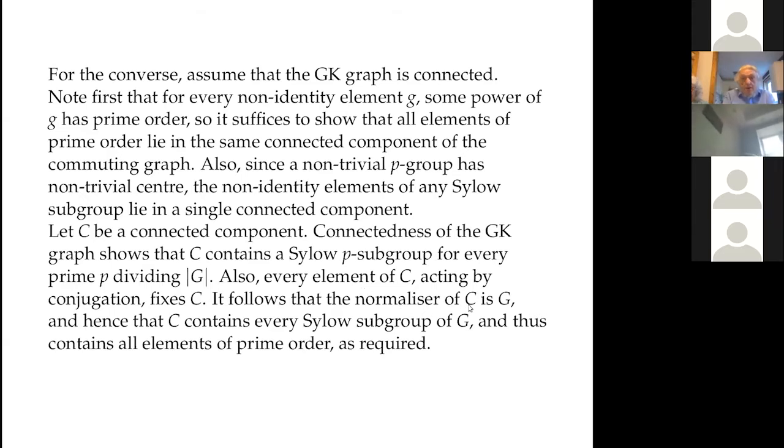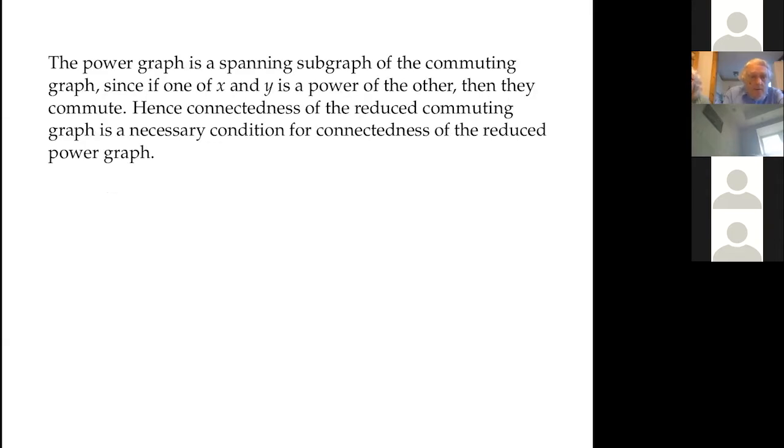So the normalizer of this set C is G. So if C contains a Sylow subgroup, it contains every Sylow subgroup, and then it must contain all elements of prime order, and we're done. So that's very easy, but that's a typical theorem of how the Gruenberg-Kegel graph contains information about the whole big graph.